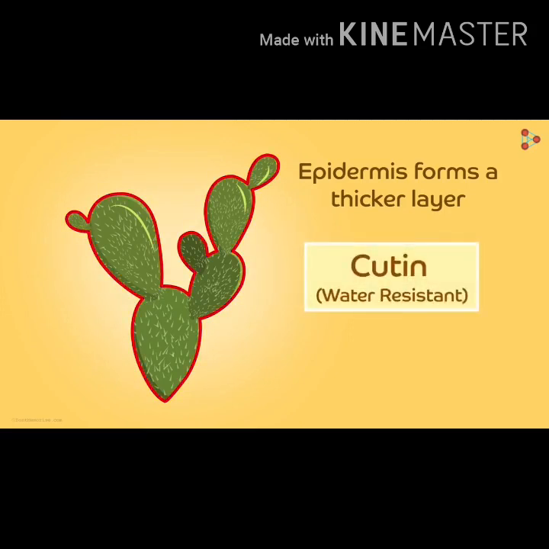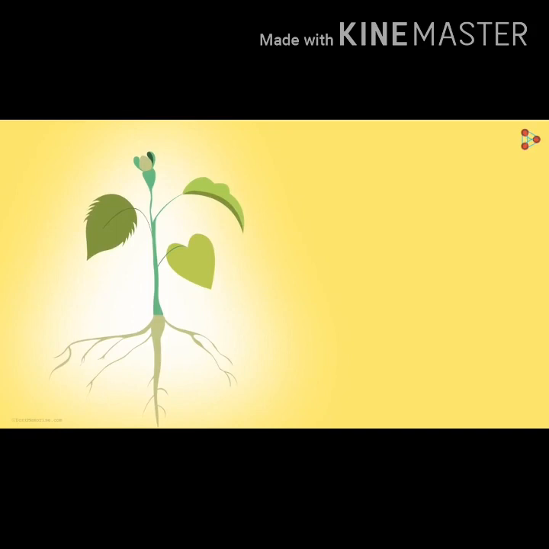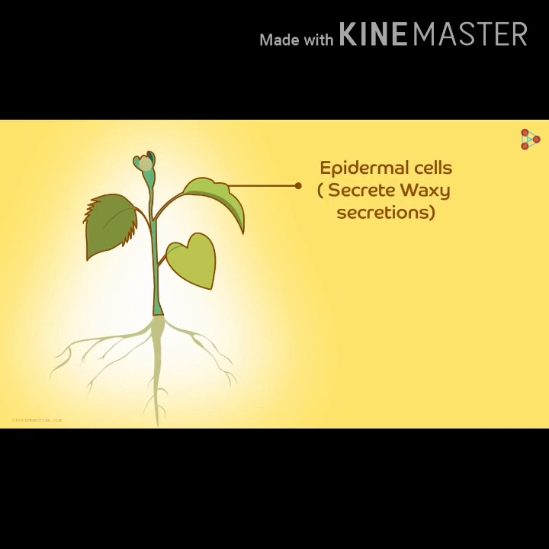And this thick layer has a water resistant substance called cutin. The epidermal layer of the aerial parts of a plant secretes some waxy secretions. And this waxy secretion protects the plant from parasitic infection, mechanical injuries, and water loss.